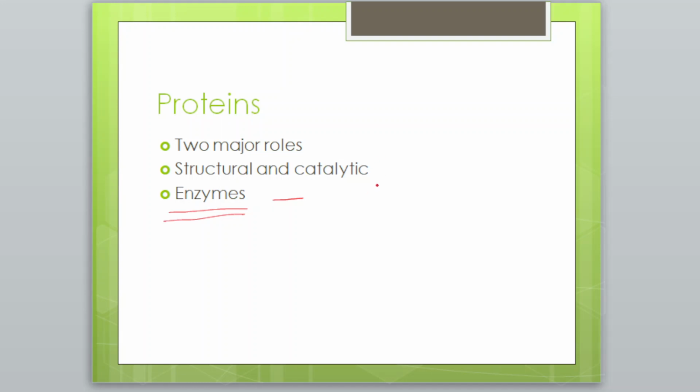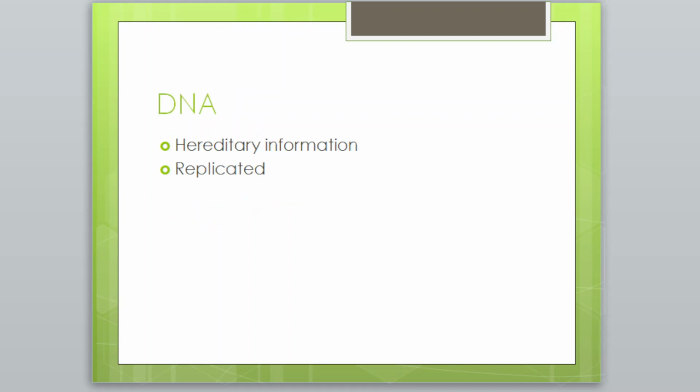Enzymes speed up the myriad chemical reactions that occur in the cells. Now, what does DNA do? DNA stores hereditary information and can be replicated to pass the information to the next generation. From generation A to generation B, DNA replicates and passes on the hereditary information.